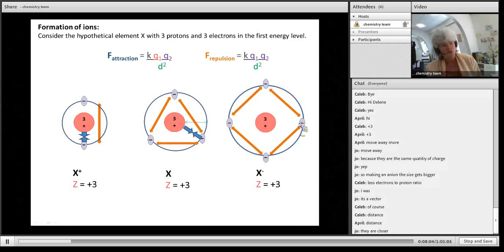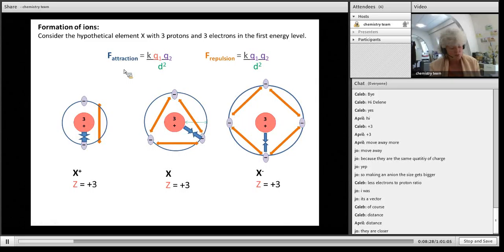They still have the same repulsion between them, so that's why they've moved further apart. And of course, that has actually decreased the attractive force as well, because the electrons are now further away.